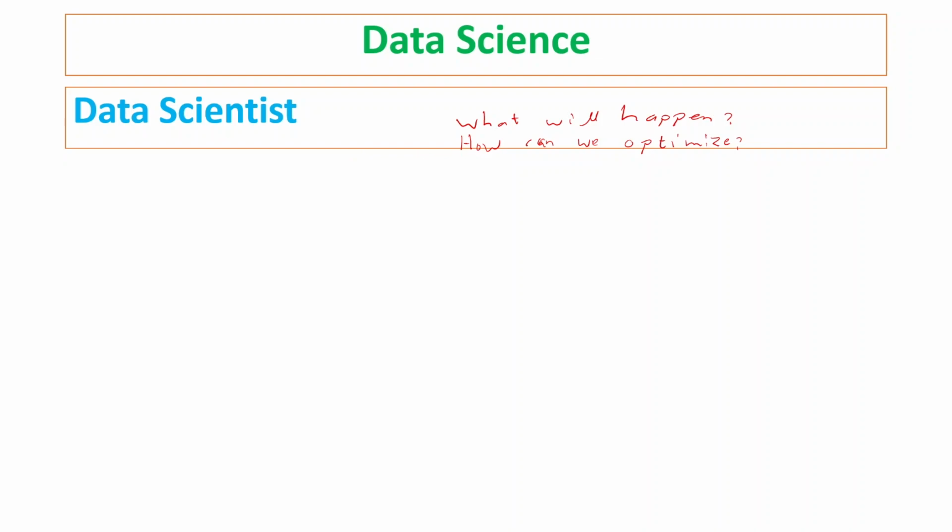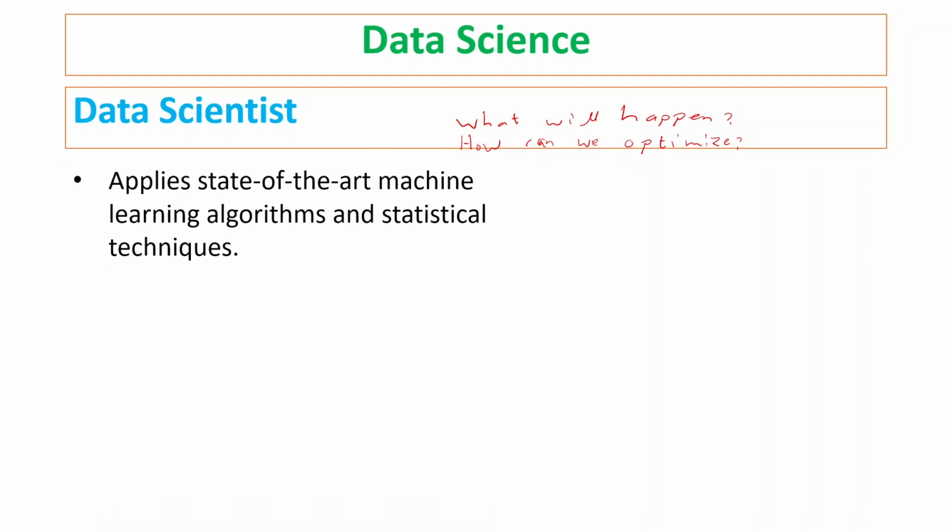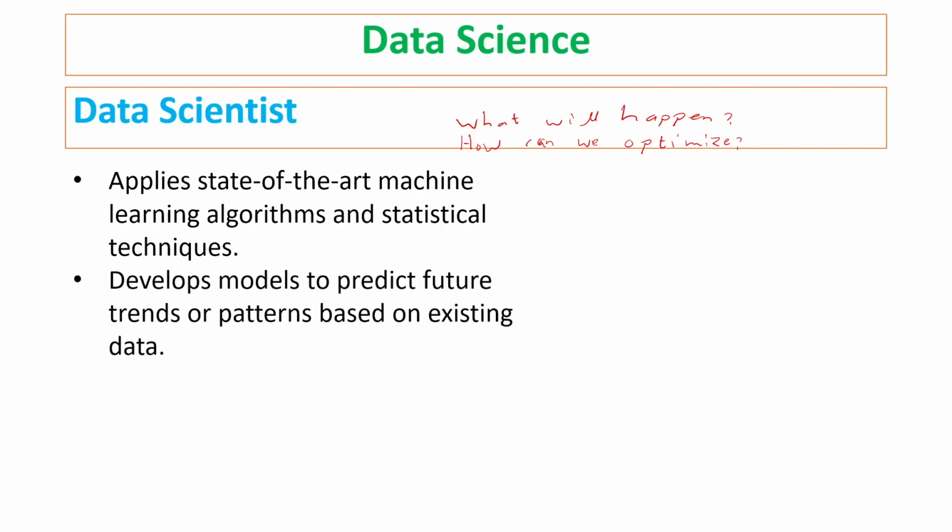Data scientists work with advanced algorithms, machine learning and predictive analysis. They apply state of the art machine learning algorithms and statistical techniques, and develop models to predict future trends, not the trends happening now, or patterns based on existing data. Now we have some data, and based on that we are going to predict what will happen in the future.